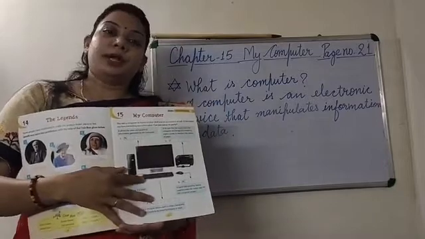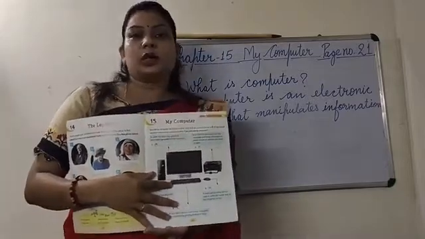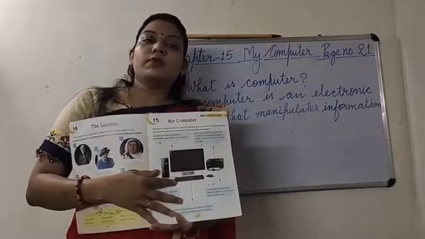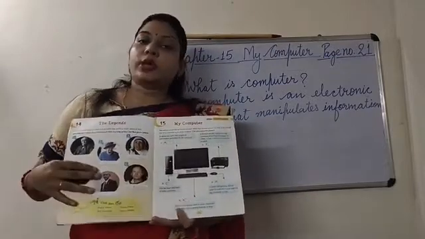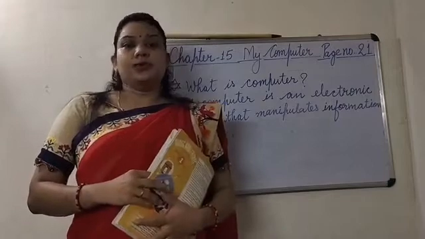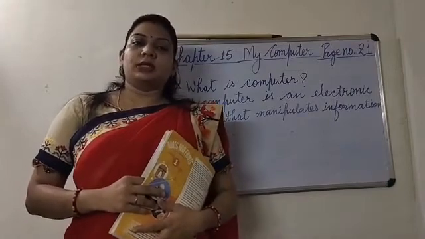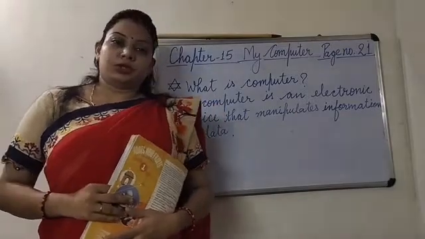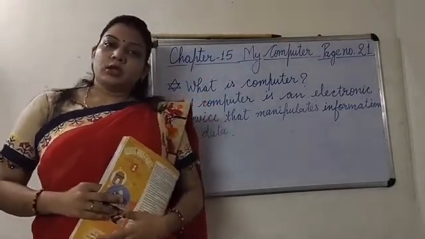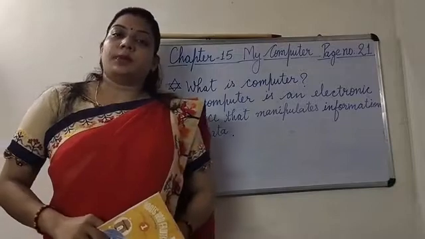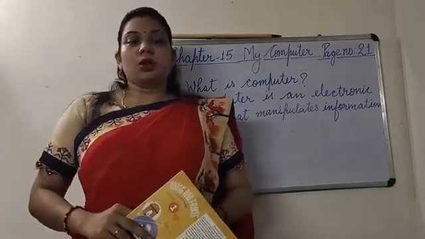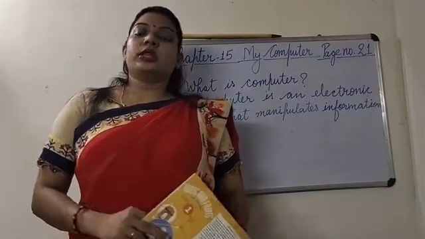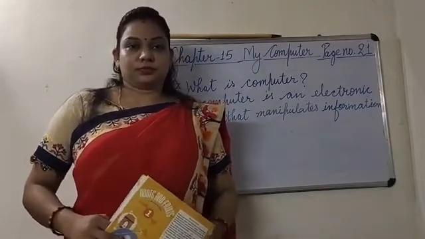For taking printout, we have to select the text or object or image, whatever we want the printout of. We have to select it first, then after pressing Ctrl P, we can take the printout. For taking the printout through printer, we have to connect the printer with the computer.